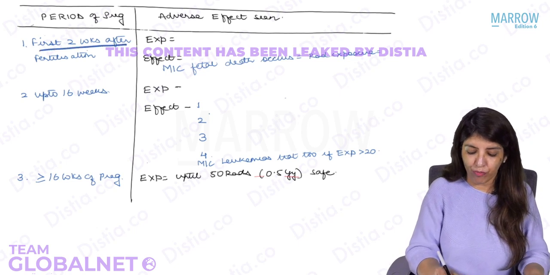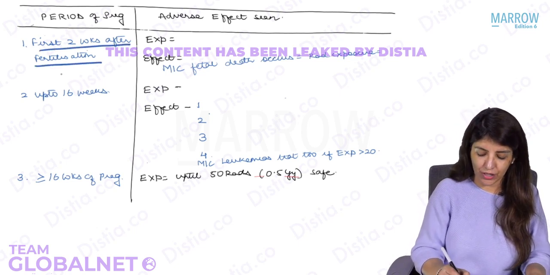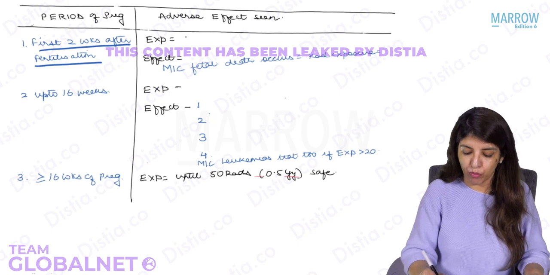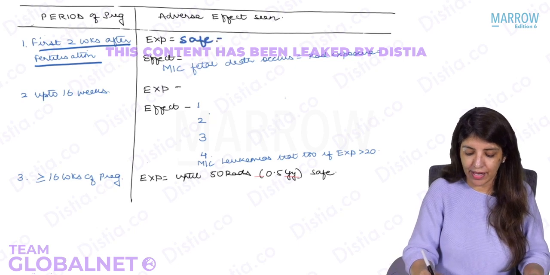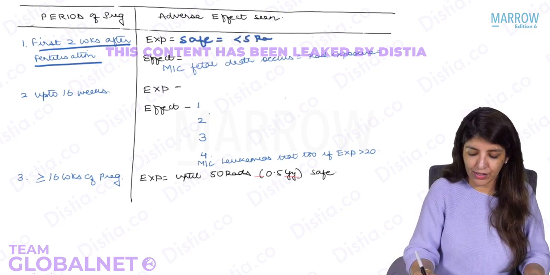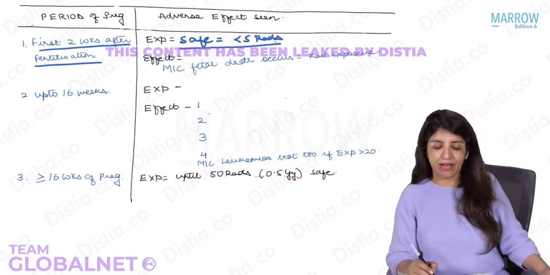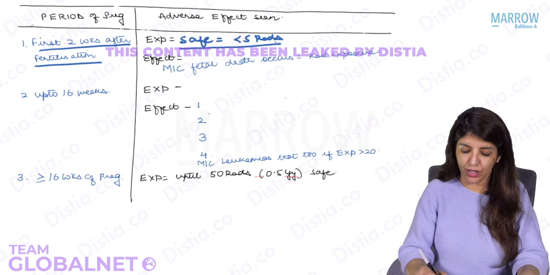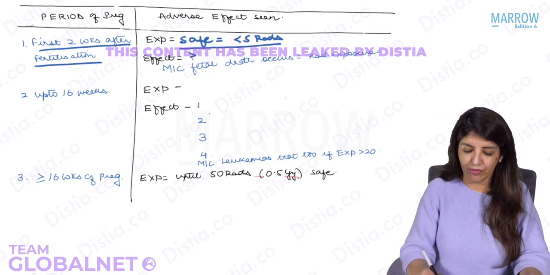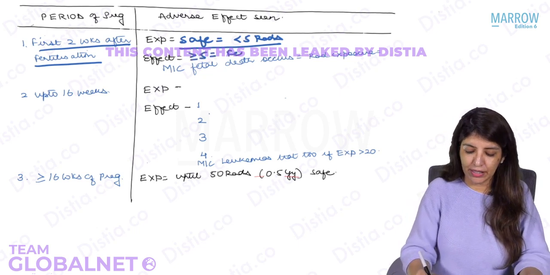So, if the period of pregnancy is the first 2 weeks after fertilization and the exposure is more than 5 rads. See, what is safe is less than 5 rads, but if exposure is more than 5 rads, then it will lead to fetal loss.